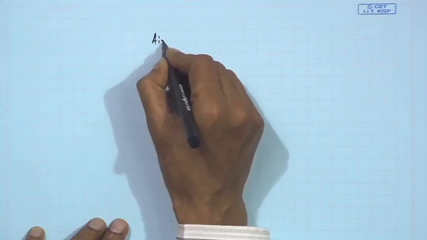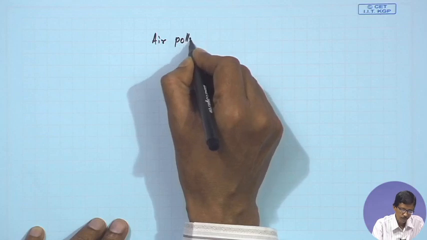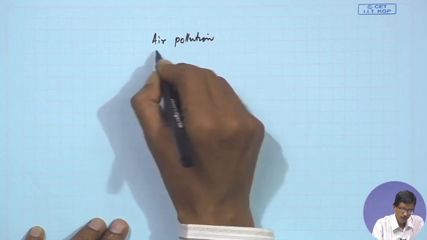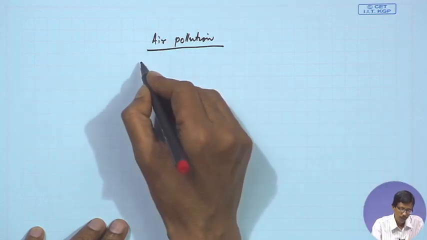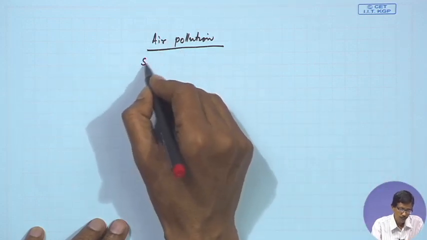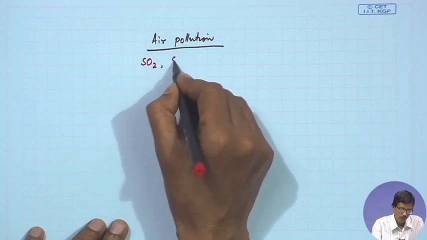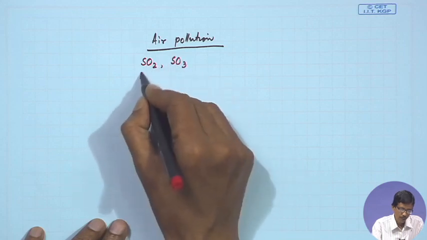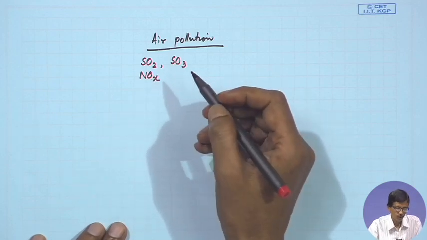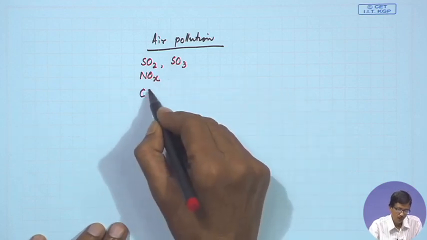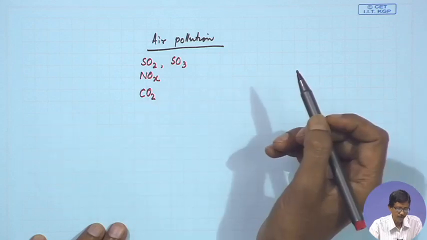We all know that there is environmental pollution, including air pollution. This air pollution can give rise to several oxides of sulfur, such as sulfur dioxide or sulfur trioxide, then NOx, the different nitrogen oxides, and obviously carbon monoxide and carbon dioxide.